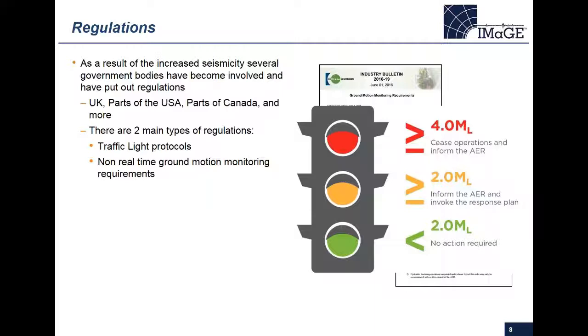But after the fact, the data from this accelerometer will be processed, and the information will be handed into the regulatory body for any events that exceed a certain threshold. So for northeastern BC, for example, that threshold is 2% of G.